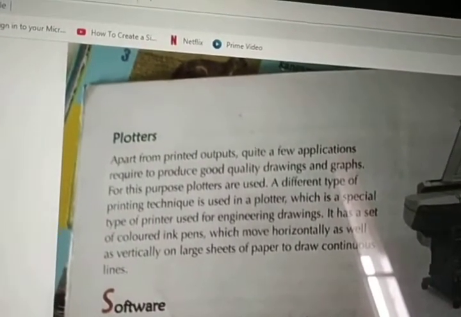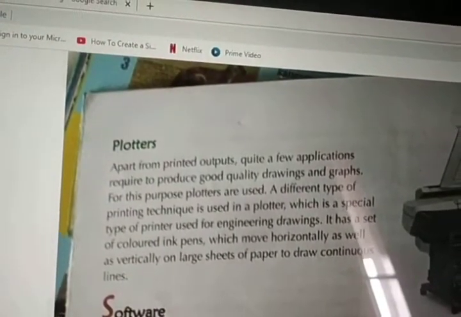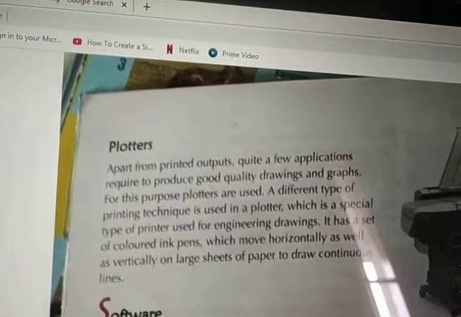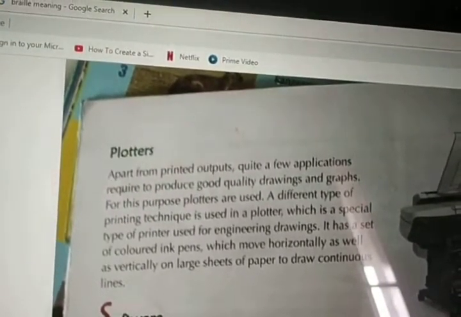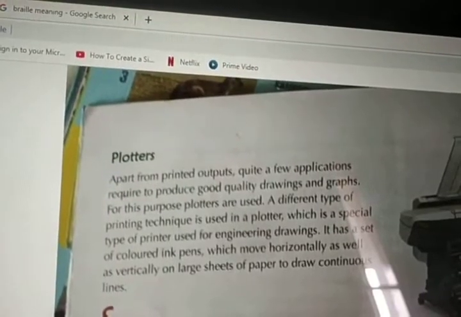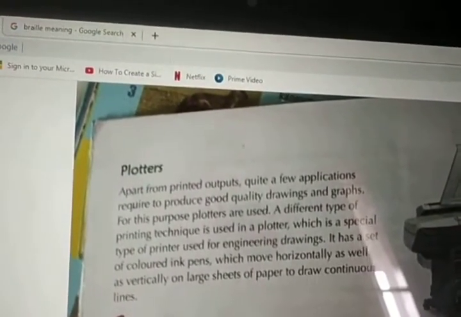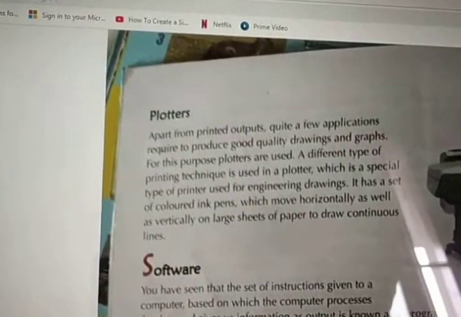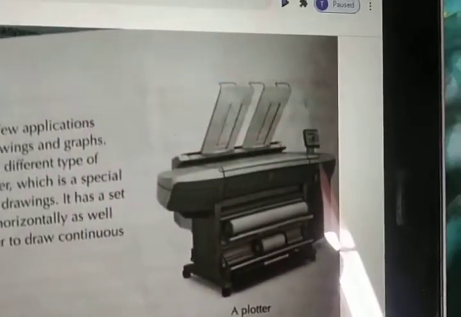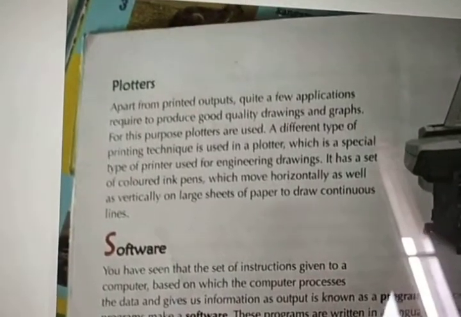Okay. To achieve very good quality drawings and graphs, a plotter is used. Not just for printing words, but to achieve very high quality drawings and graphs. For example, I showed this picture, and graphs or graphics.